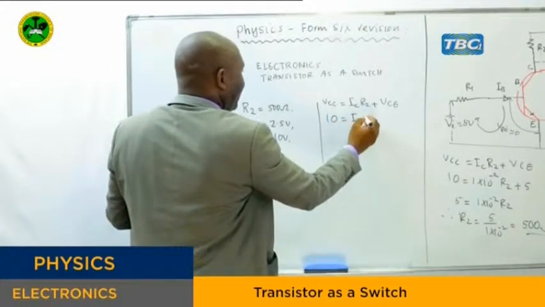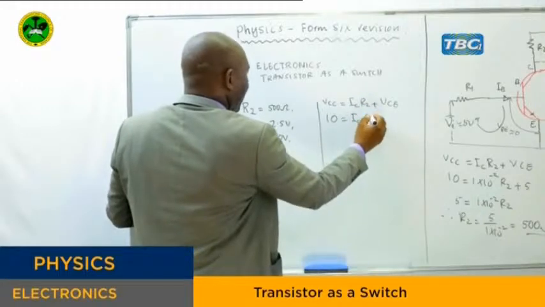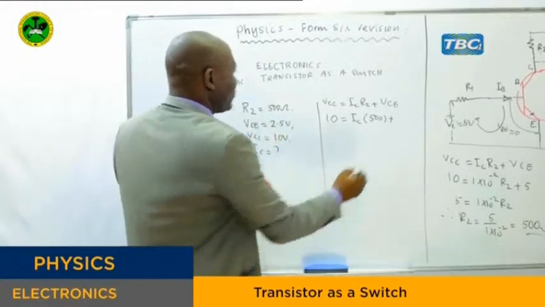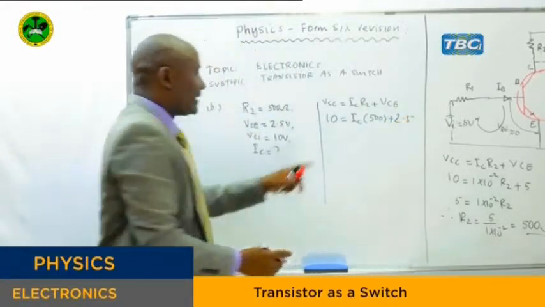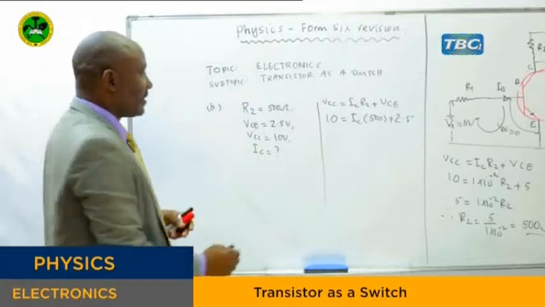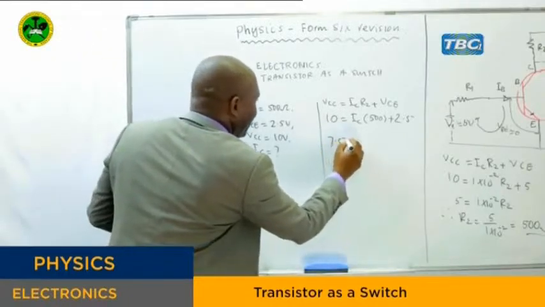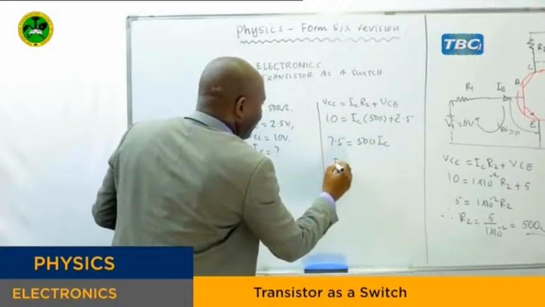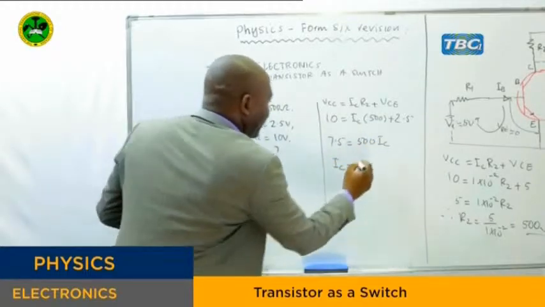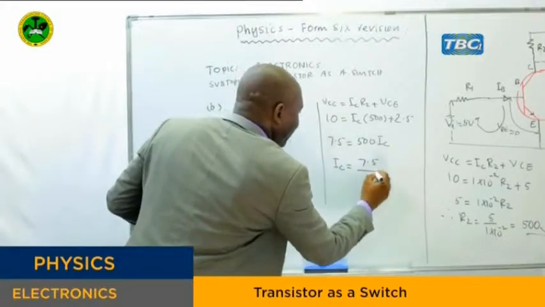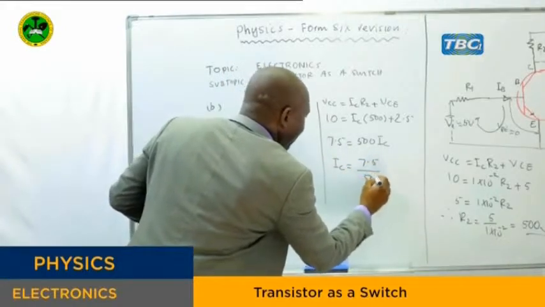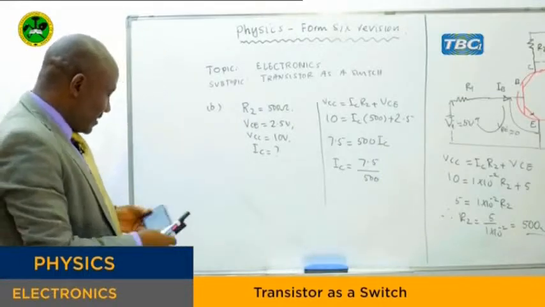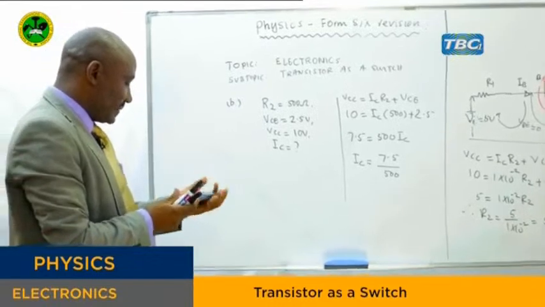IC is not given, but R2 is the same, 500, plus VCE, which is now adjusted to 2.5. 10 minus 2.5, I think you can know that is 7.5, which equals 500 times IC. Now, this gives us the collector current after changing the value of R1, which is 7.5 over 500. Using your calculator, you can find the value of IC.